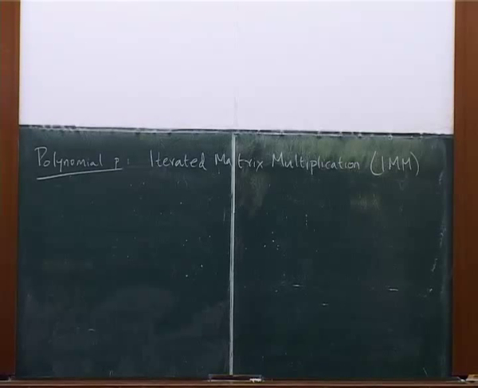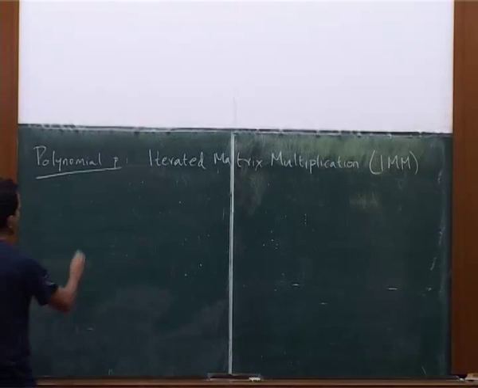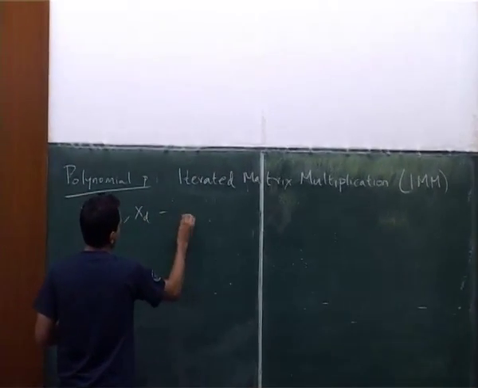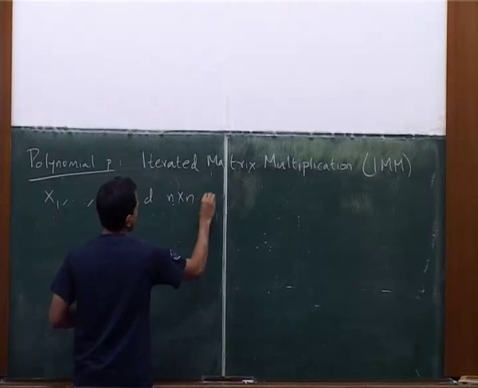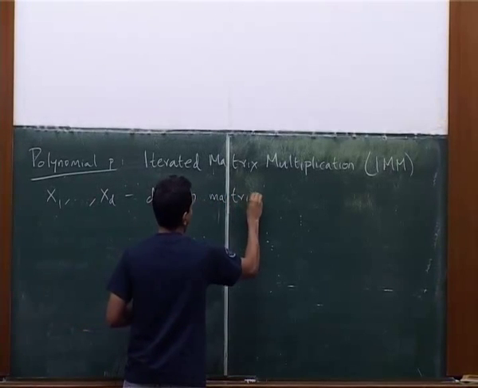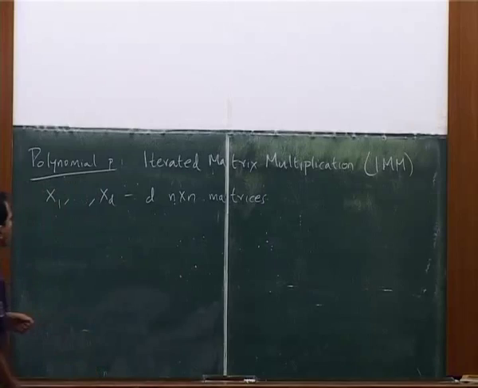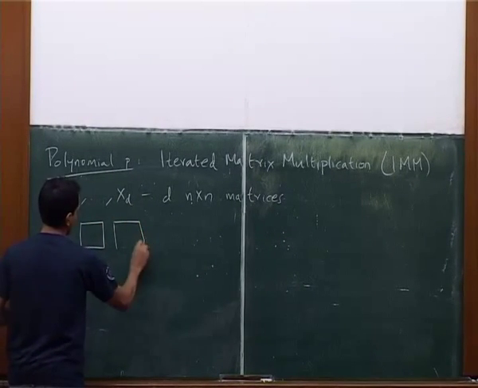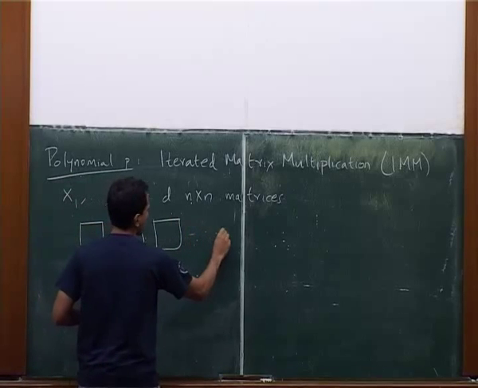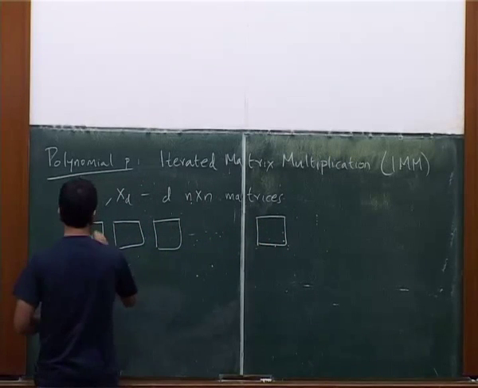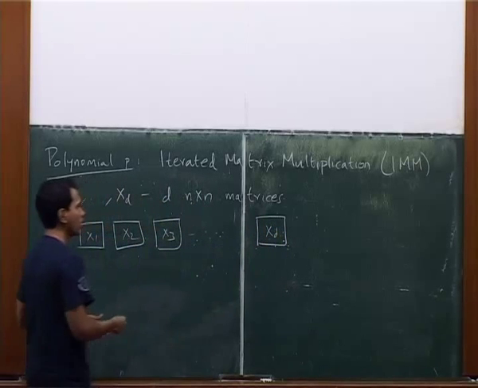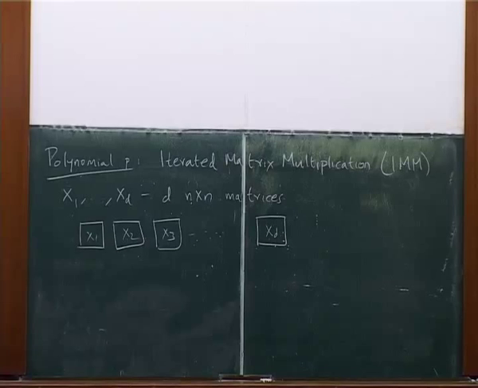We've seen it already a couple of times, but let me define it again. So you have something like x1 to xd, d n by n matrices. Okay, and what this polynomial does is it computes the product. These are all matrices with distinct variables, x1, x2, x3, all the way to xd. And this polynomial just computes the product of all these matrices on distinct variables.